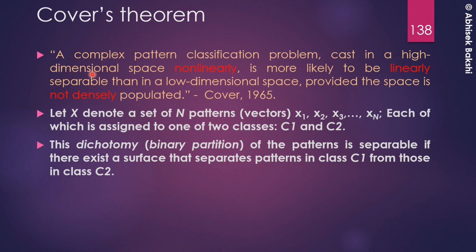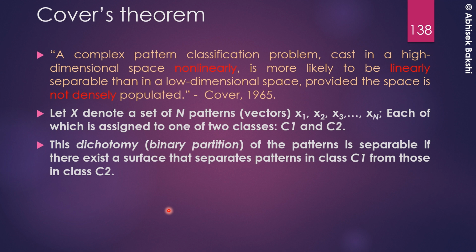I'm just telling it in a small line, in a different way, but let's see what exactly it is doing. Let's take an example. Let X denote a set of n patterns. N patterns means n vectors, different points. I have already seen a lot of points on a plot, right?